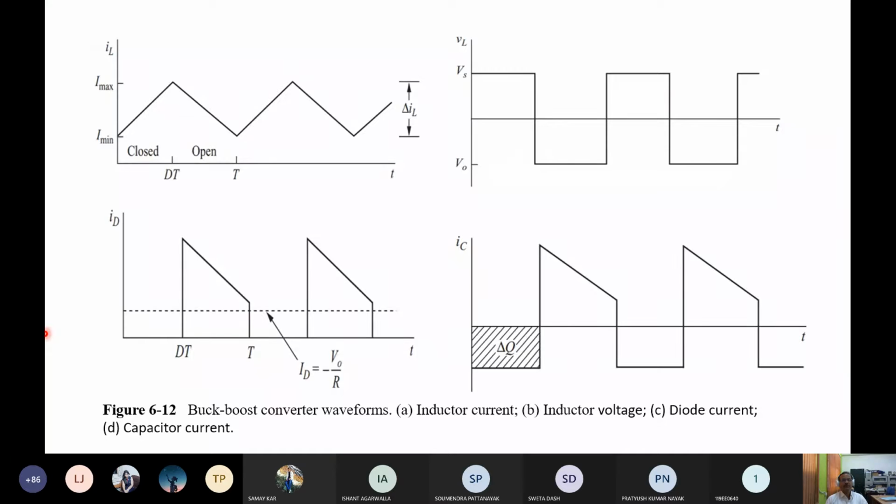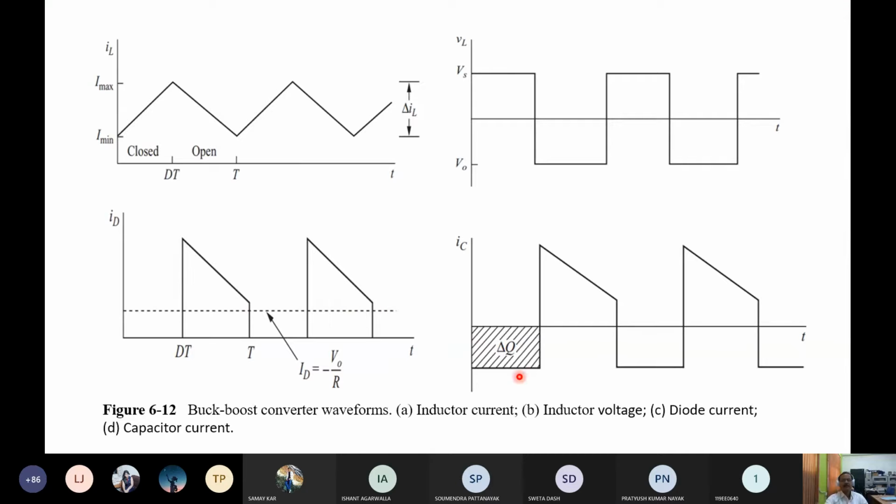We have assumed that load current is constant. This indicates the average inductor current, and the line is not shown here. Average inductor current is here. This is the average diode current.